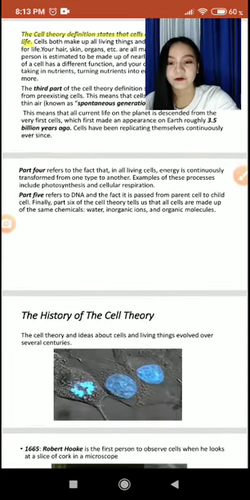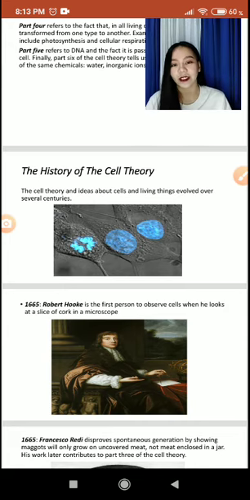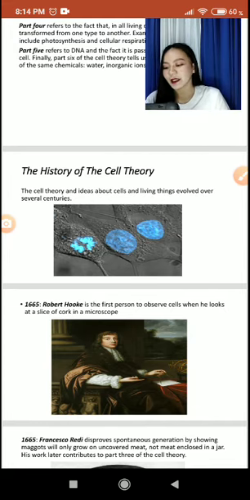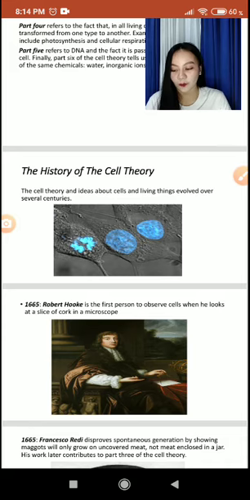So, let's move on and talk about the history of the cell theory. The cell theory and ideas about cells and living things evolved over several centuries. Here are the key dates. In 1665, Robert Hooke was the first person to observe cells when he looked at a slice of cork under a microscope.